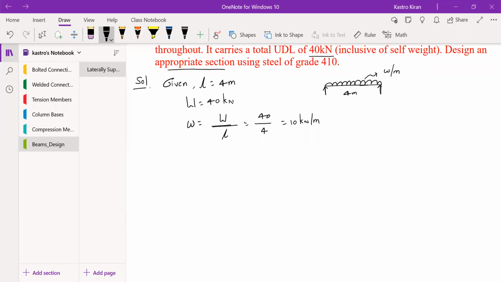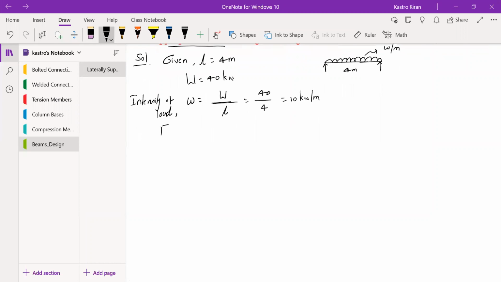So the intensity of the UDL load has to be calculated in this way, that is small w equals capital W by L. Or you can make one statement that intensity of load w equals W by L. Okay. Now we need to find out the factored load.